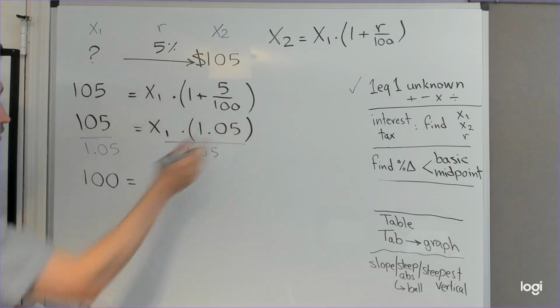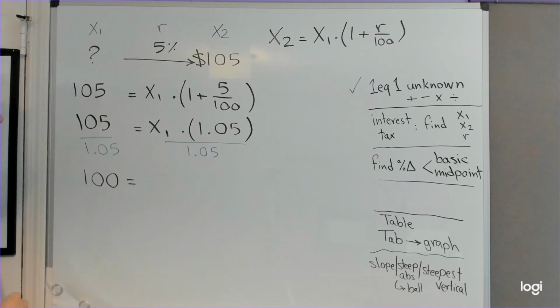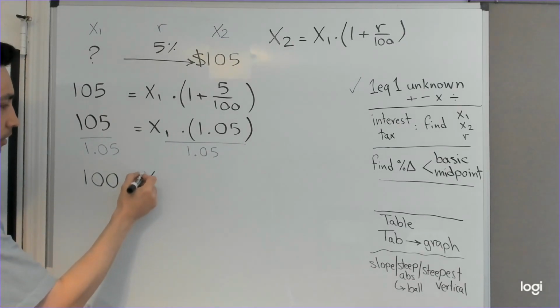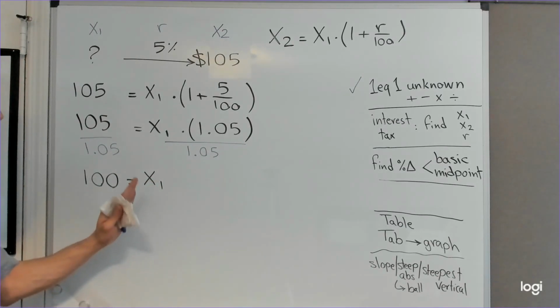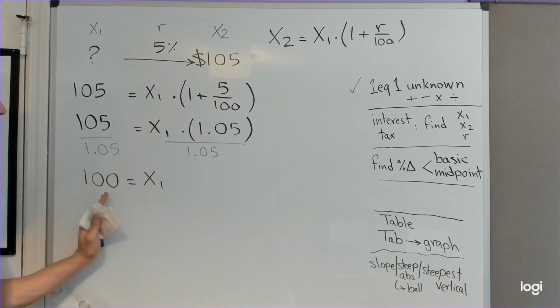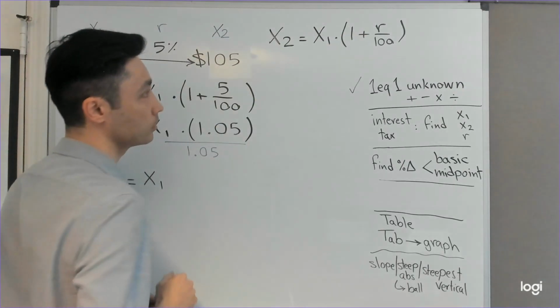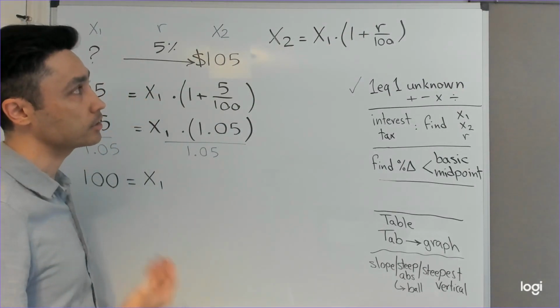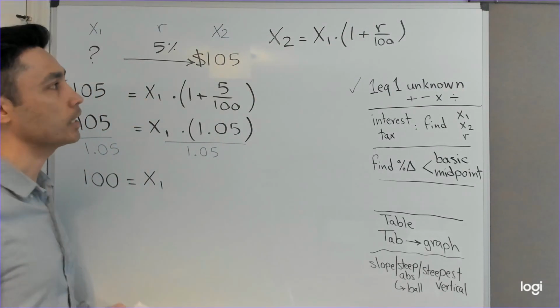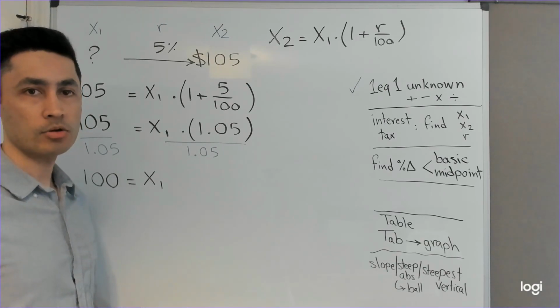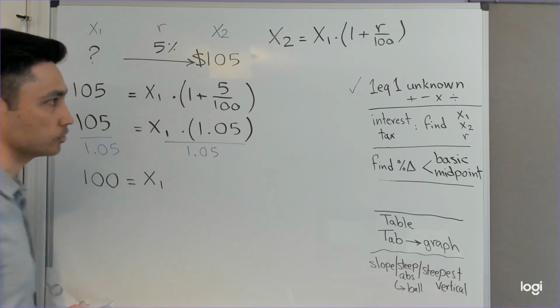And 1.05 and 1.05, they cancel one another and you're left with x1 on that side. So you solved for x1 equal to 100, and as you see, the same formula can be used to find x2 if you have x1 and r, can be used to find x1 if you have x2 and r, and can be used to find r if you have x1 and x2.